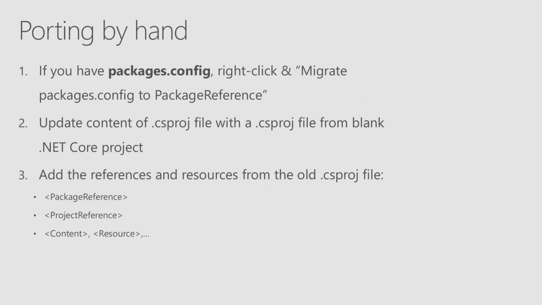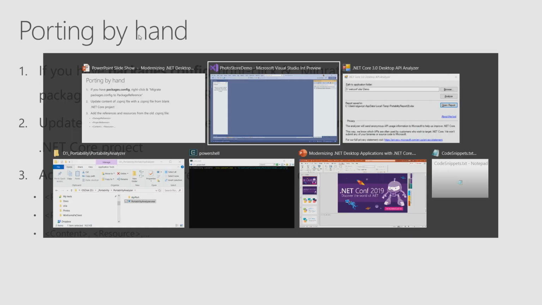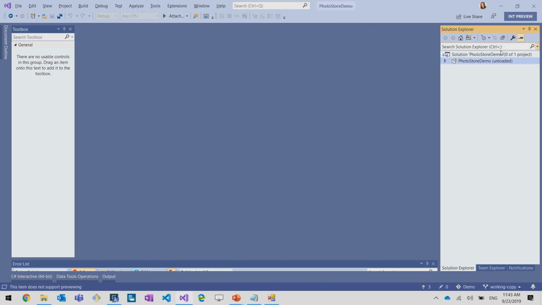And there are ways you can port to .NET Core manually. These are the steps for how you do it. First thing, you search for packages.config in your solution. If you have this file, you will need to right-click and choose Migrate packages.config to PackageReference. Let me show that in Visual Studio.